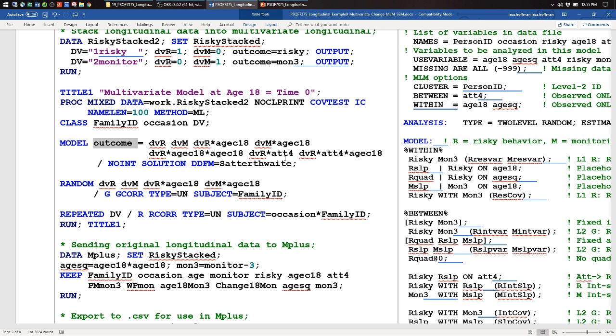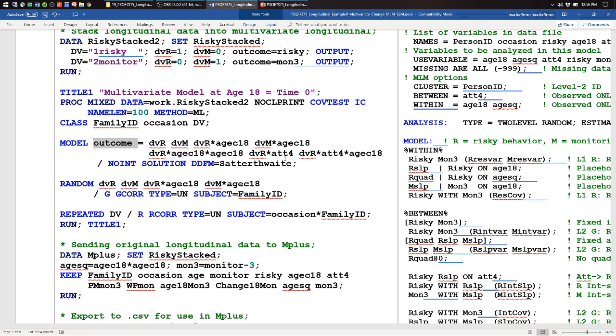It's a column of 1s when R is what it's predicting. It switches to 0 when it's M. So think of it as a switch. The reason that I can have both at the same time is because I shut off the global intercept here with this noint command. I shut off the default column of 1s so that I can make my own in a custom way.